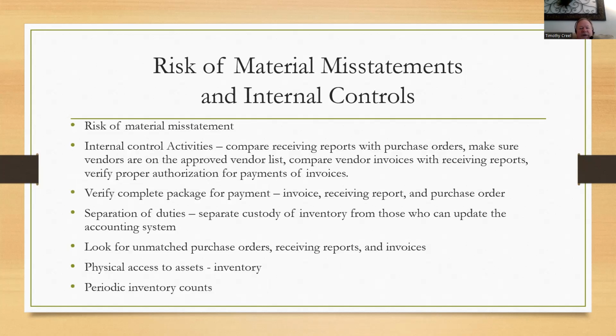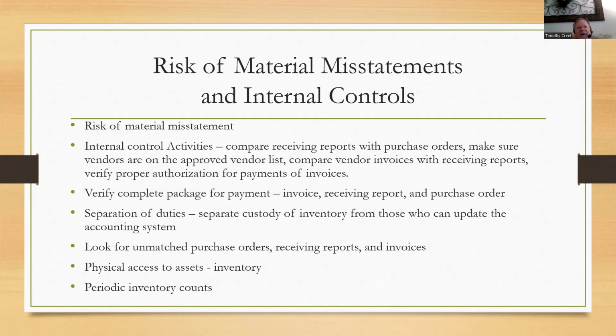Okay, risk of material misstatements and internal controls. So the risk of material misstatement, you would want to find that for the element. Of course, you're going to identify that in an audit for basically the entire audit.